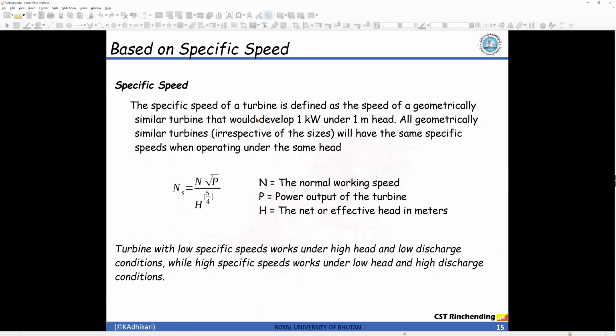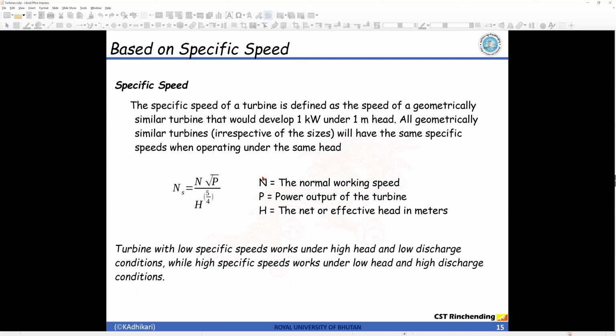Now, like I said, specific speed is coming once again, but we have to discuss in detail what is specific speed. For now, just understand that it is the geometrically similar turbine that would develop one unit power working on unit head. So the advantage is that irrespective of sizes, the size factor is removed when you use the term specific speed.